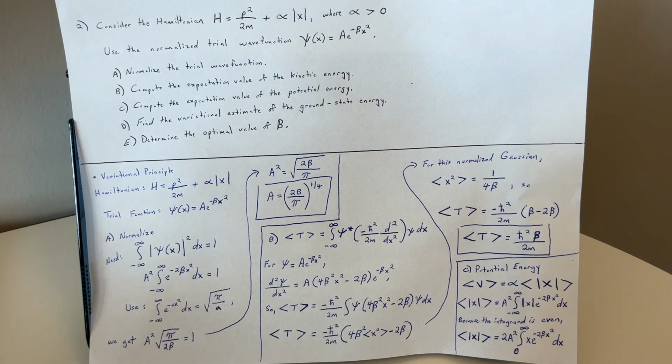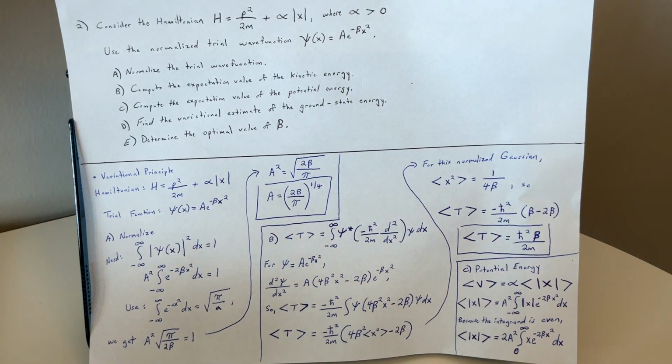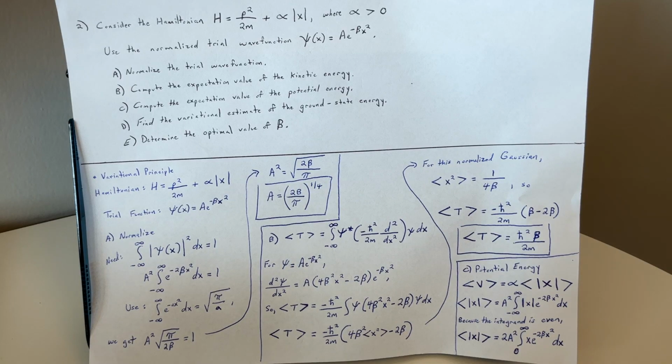For part B, we want to compute the expectation value of the kinetic energy. So right here for part B, we have the expectation value of T, or average kinetic energy.